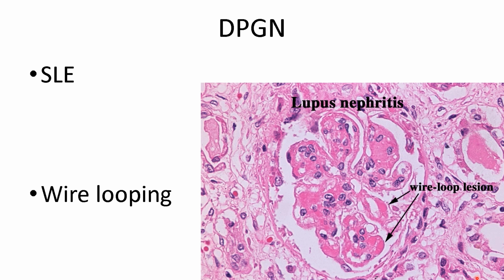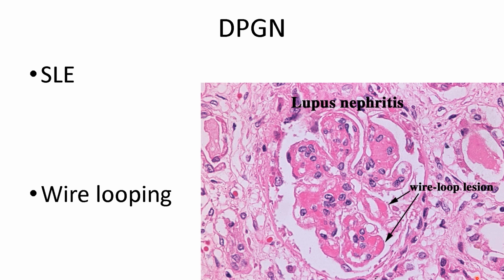So, the most common cause of a nephrotic syndrome in lupus patients is membranous nephropathy. The most common cause of a nephritic syndrome in lupus patients is diffuse proliferative glomerulonephritis, DPGN. Okay? So, DPGN, lupus nephritic syndrome.